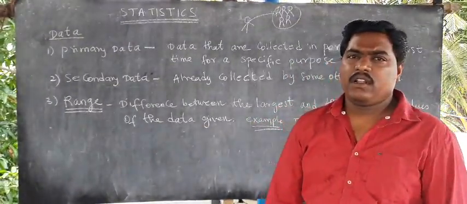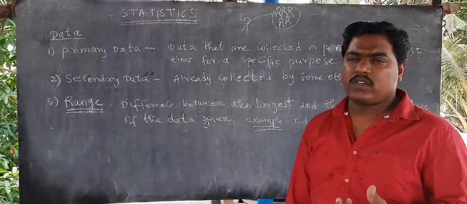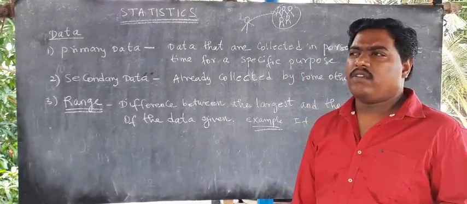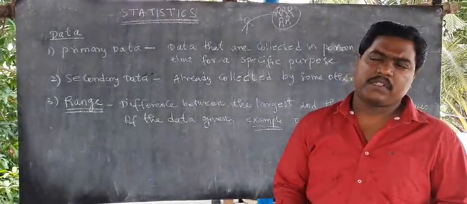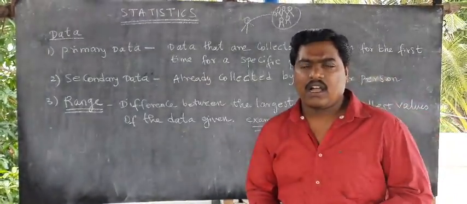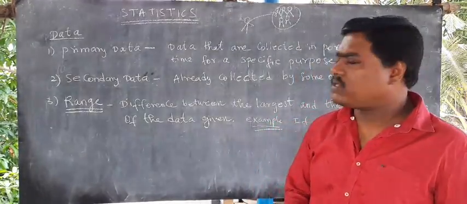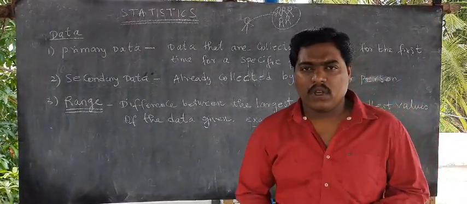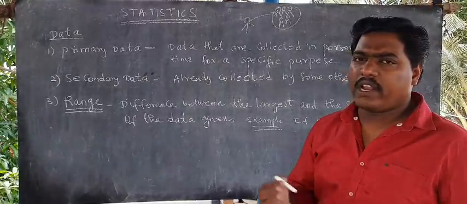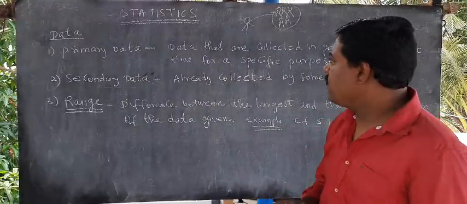What information? For example, in the class, how many students get the pass mark, how many students get the fail mark, what are the percentages. Or how many students in a class are taking above 50 marks, how many are taking below 50, how many of them have centum.